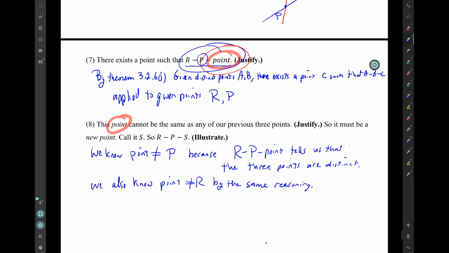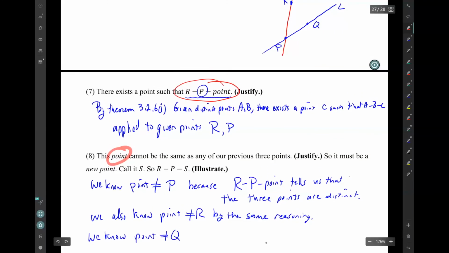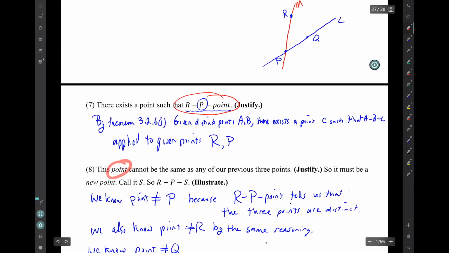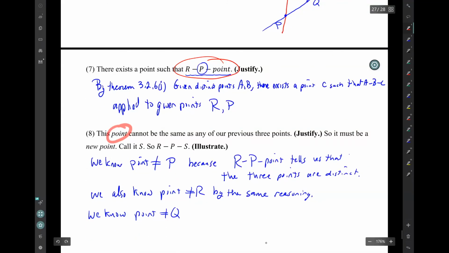Now what about point Q? So how do we know that the new thing called point cannot be point Q? Well, think about it. If that new thing called point were point Q, then that would mean that P and Q were the symbols in that expression.